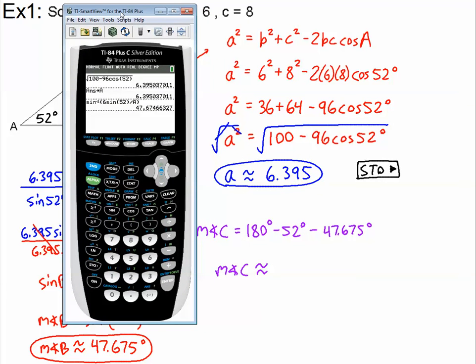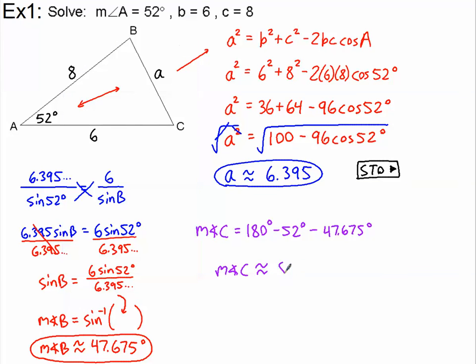Measure of angle C will be 180, take away 52, take away the previous answer. I'm going to call up the previous answer. I always like to do that. Previous answer is above the negative button. And so there I go. I'll press enter and I get 80.325 degrees. Do not forget your degree symbols. And there's our first example.